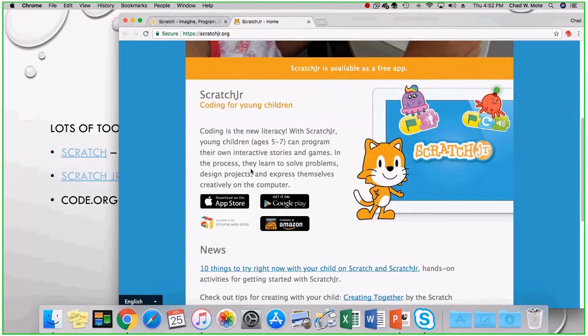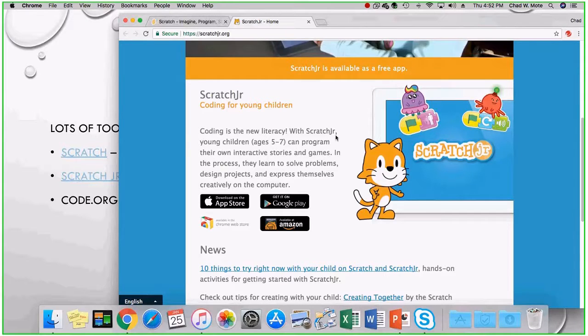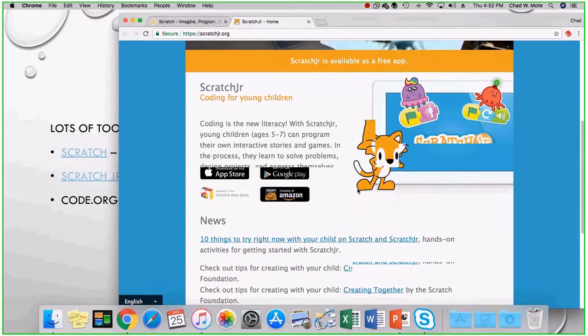You can download Scratch Junior from the Apple App Store, Google Play, Amazon, Chrome Web Store. So these are available for tablets and very easy to use.